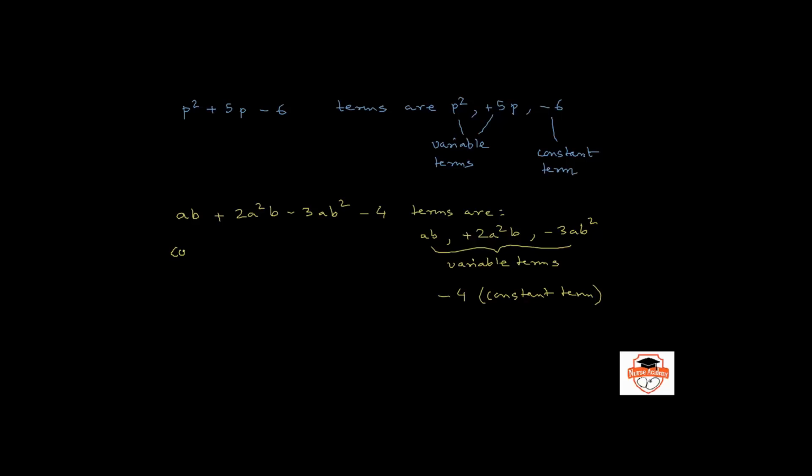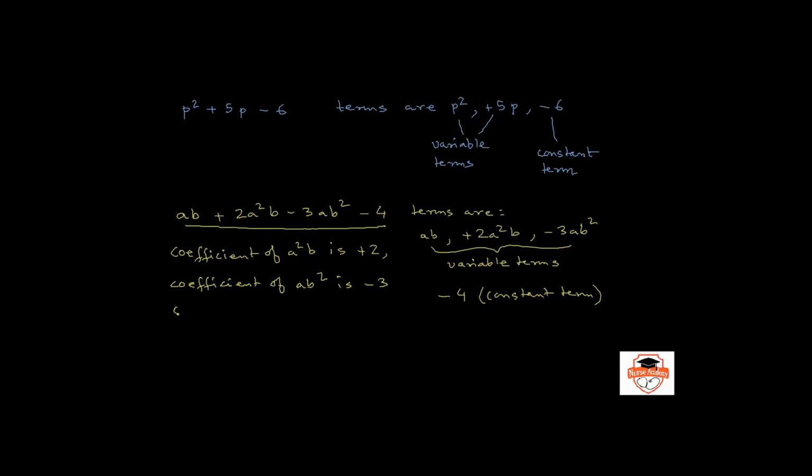Thus, we say the coefficient of a squared b is 2 or positive 2 in this expression, and the coefficient of ab squared is negative 3, because ab squared has been multiplied with negative 3 in this term.